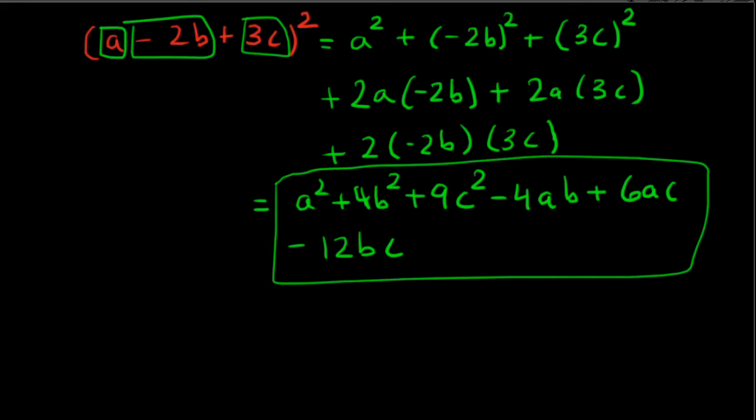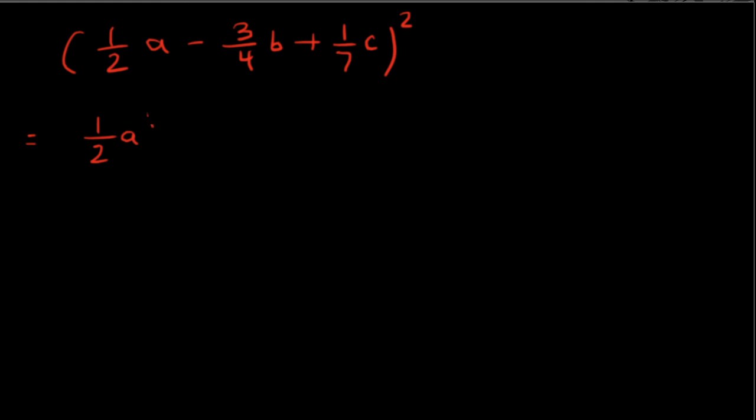Okay, so let's look at a fraction now. How does that work? We'll have 1/2 a minus 3/4 b plus 1/7 c. And we're going to square this. First step, let's square everything inside the parentheses. So the first term will be 1/2 a. The next one, remember, we want to keep the negative.